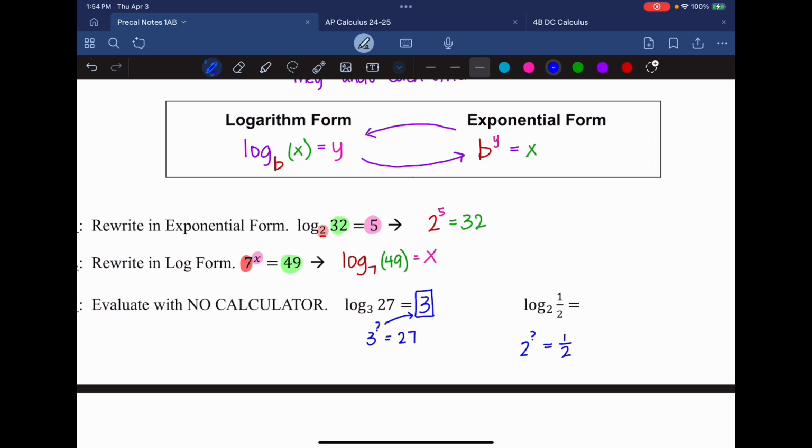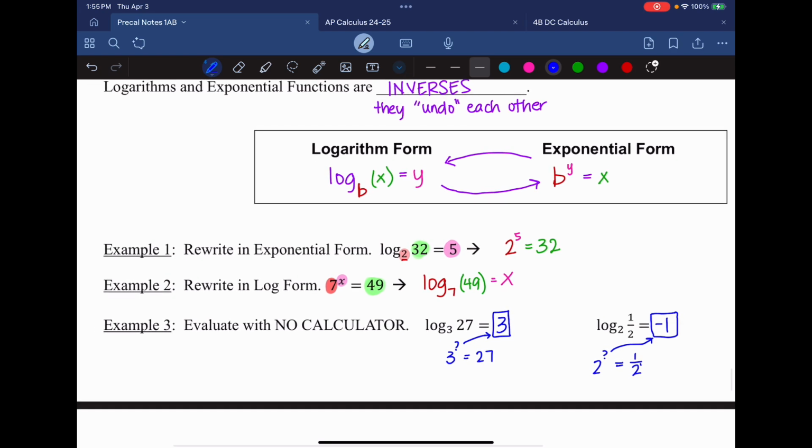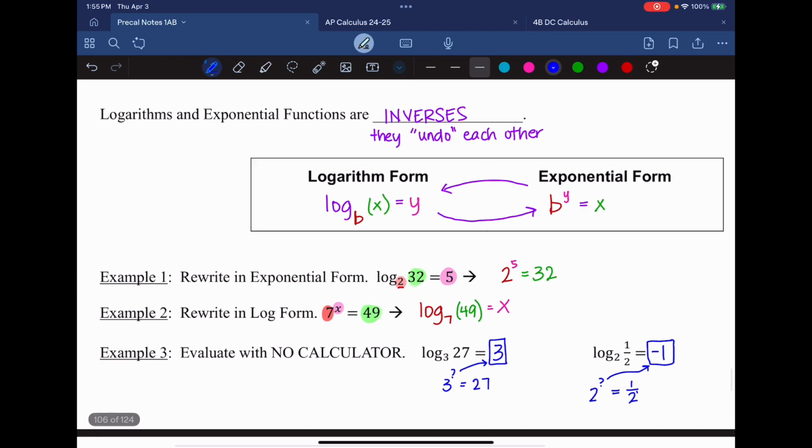So that is 1/2 to the first. So the exponent that I need on the 2 would be a -1. So this is the type of thing you'll have to do in the practice today. If you have questions, we can go over those next week.